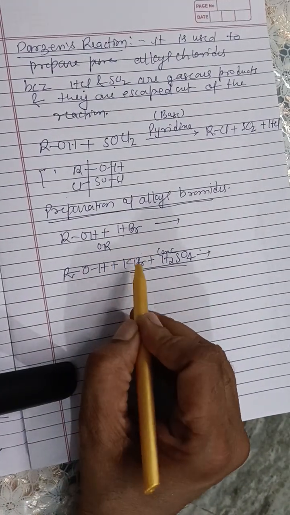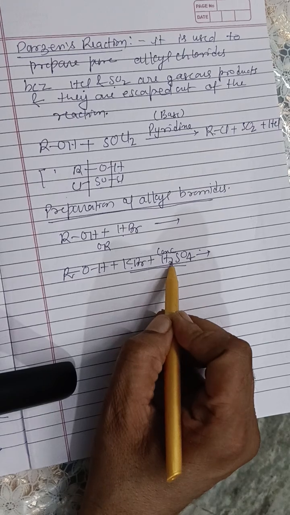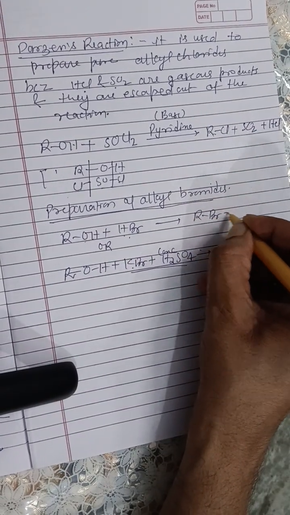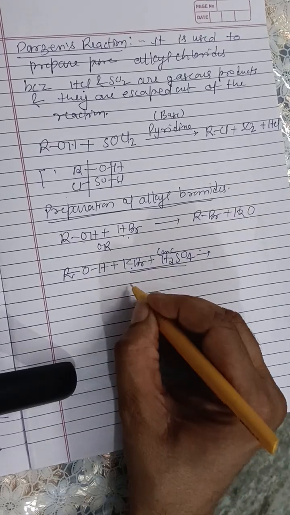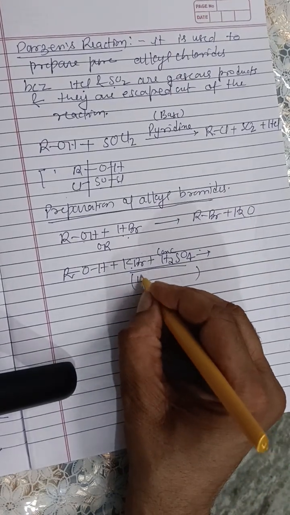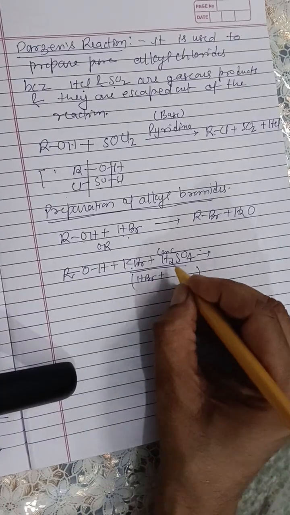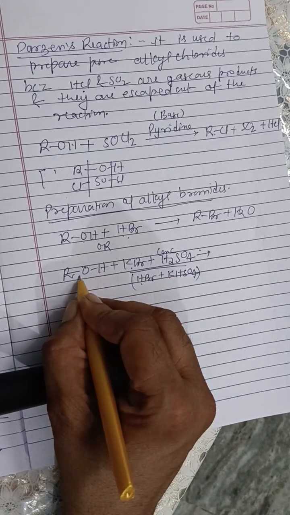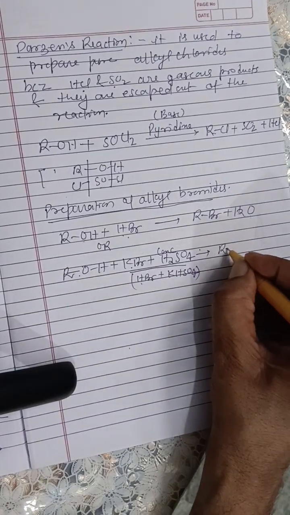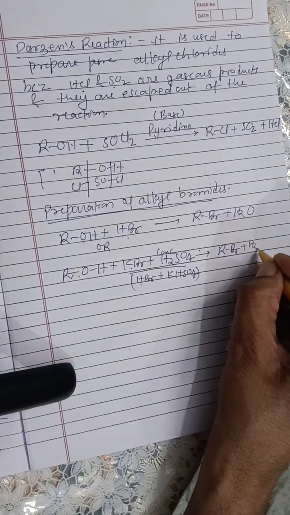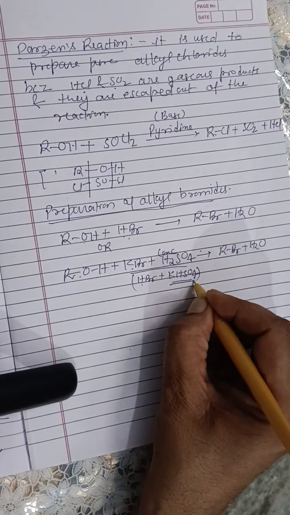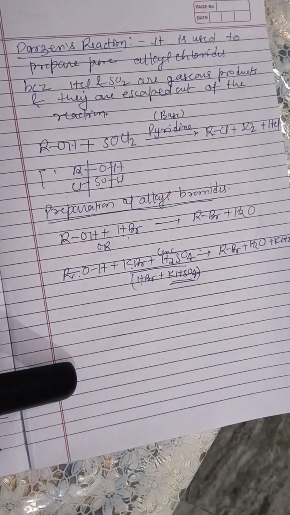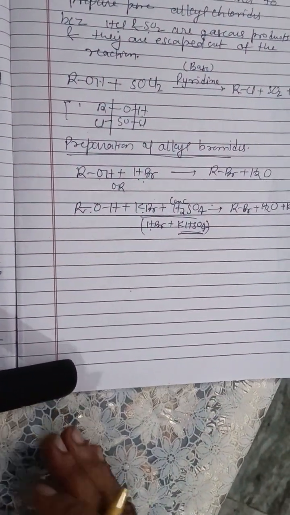HBr is the byproduct of the reaction between KBr and H2SO4. So it is forming RBr plus H2O. Here these are the products, HBr and KHSO4. The HBr will get combined with alcohol to form RBr plus H2O. This is the acid salt KHSO4 produced as the byproduct of the reaction, isn't it?